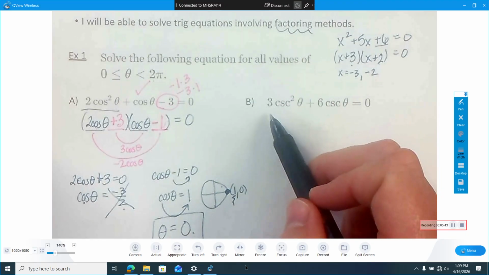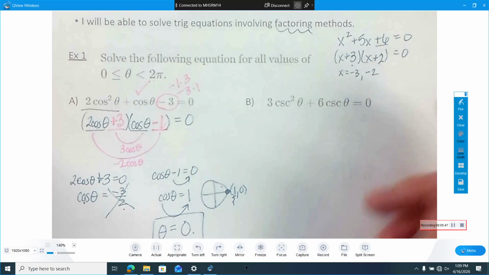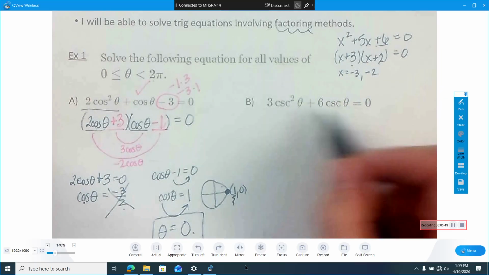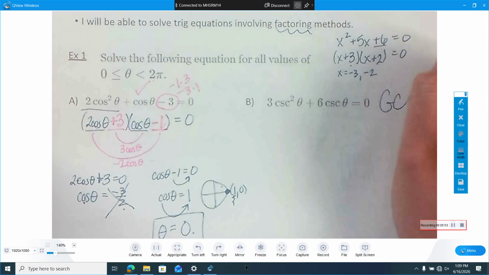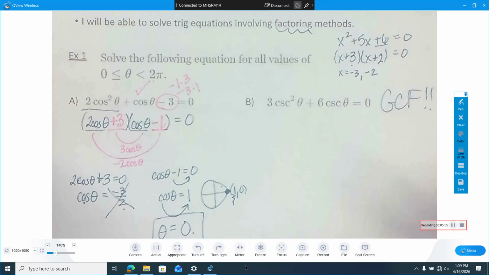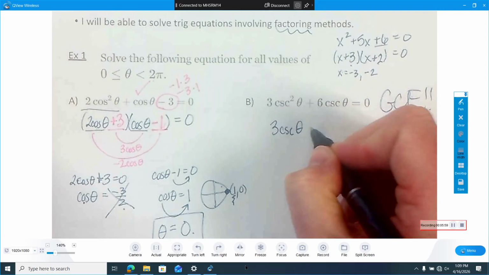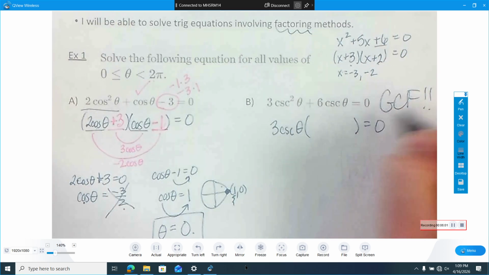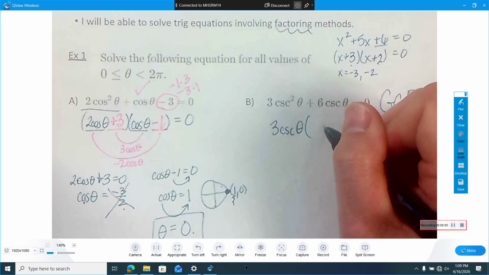Letter B here, we have 3 cosecant squared theta plus 6 cosecant theta equals 0. What do you notice about these? 3 cosecant. GCF, greatest common factor, what can we take out? 3 cosecant theta. If I take out the 3 cosecant theta from each of these, what's left behind?